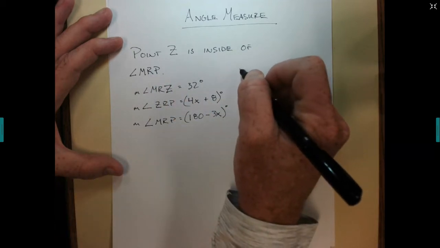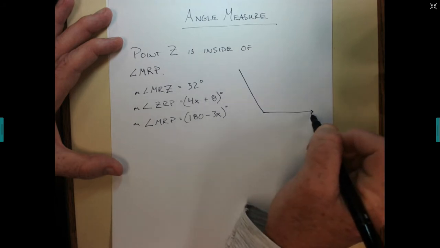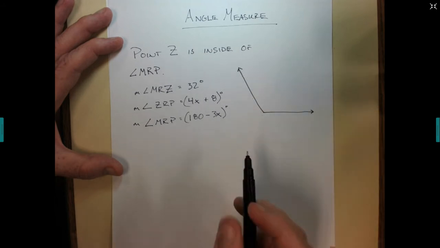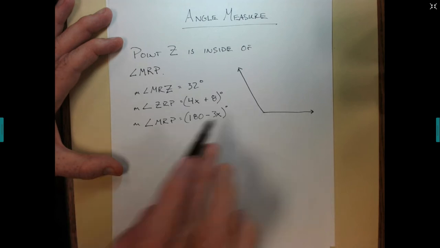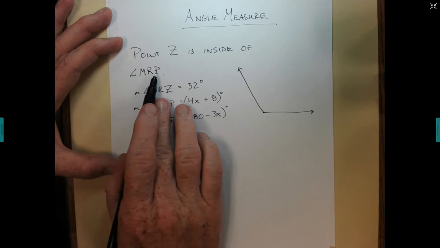So let's start off. Let's make an angle. An angle is formed from two rays starting at the same point. We need to name that angle MRP.